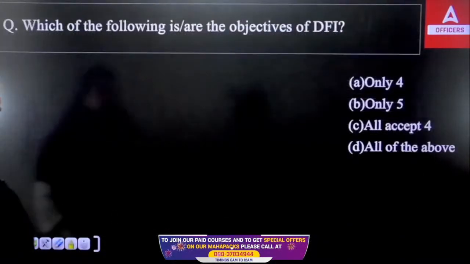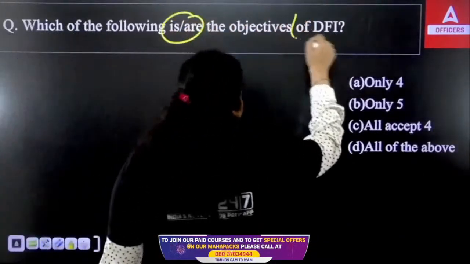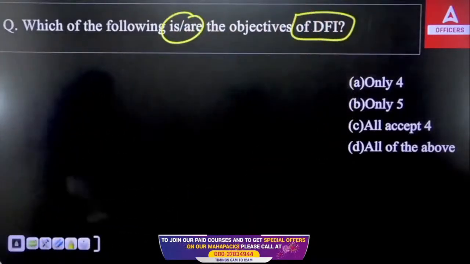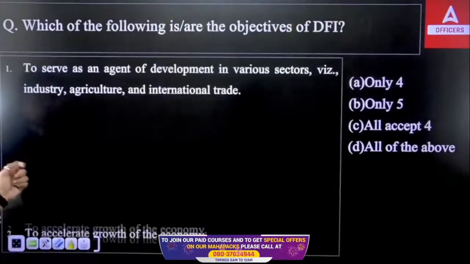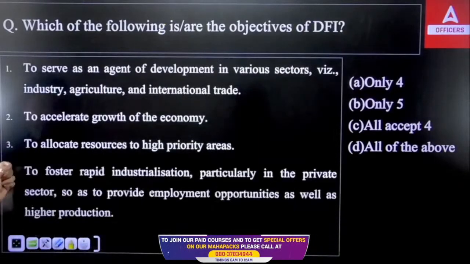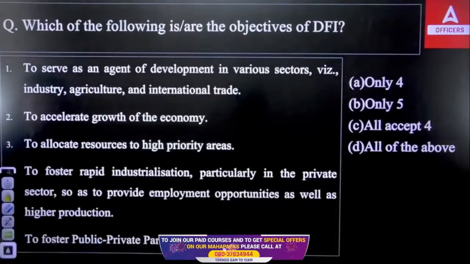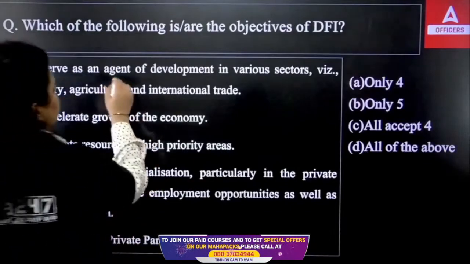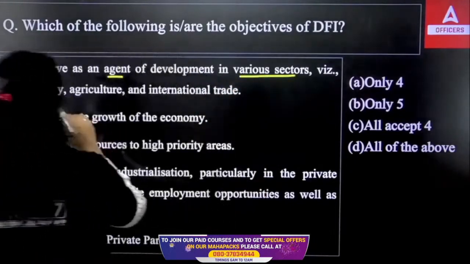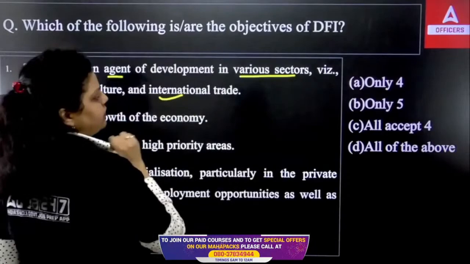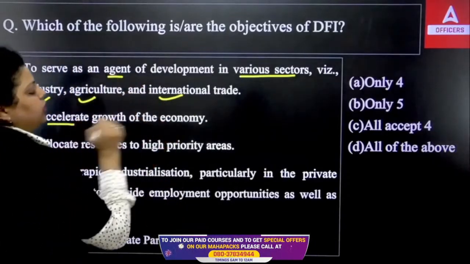Next. Which of the following are the objectives of a development finance institution? We have 5 statements here. First is saying to serve as an agent of development in various sectors like industry, agriculture, international trade. Second, to accelerate the growth of the economy.